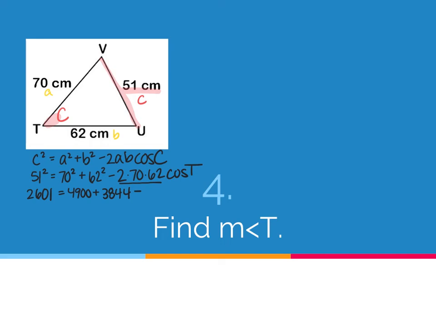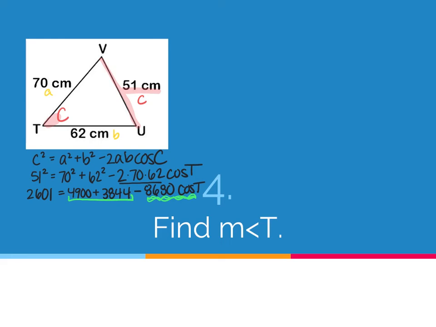This is just multiplication, which is 8,680 times cosine of T. At this point, we can combine these two numbers because those two are like terms. They are not like the other term over here because that one has cosine of T. So those are very different.